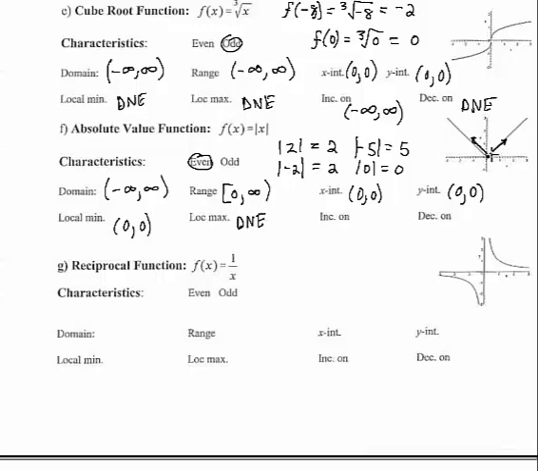Once you leave the origin traveling to the right, it increases forever, and once you leave the origin and travel to the left, it increases forever. It never reaches a peak to where it travels back down on either side. It continues up indefinitely.